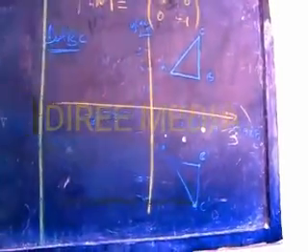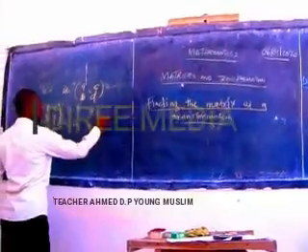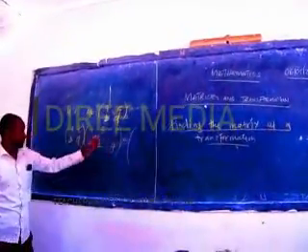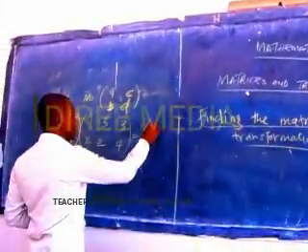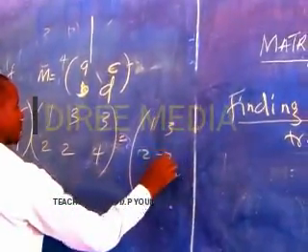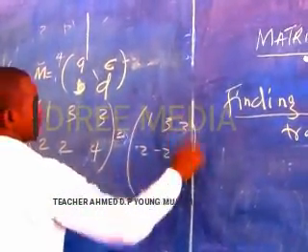This gives me the image, whose coordinates are 1, negative 2, 3, negative 2, 3, negative 4. That's what I have here.